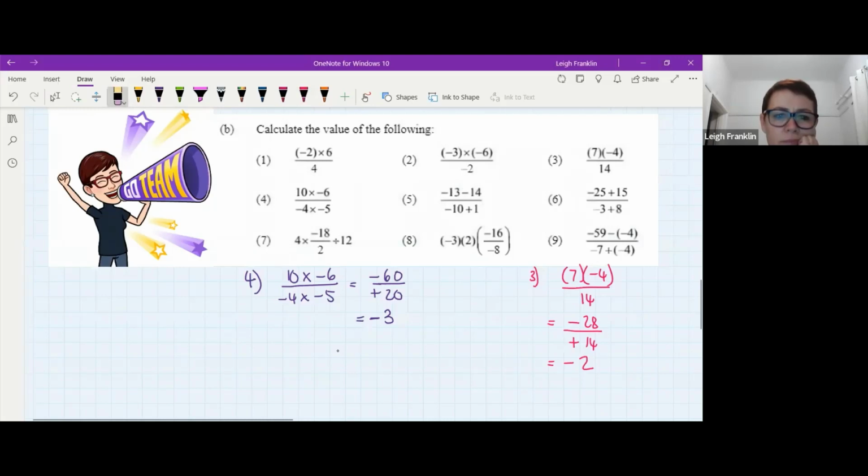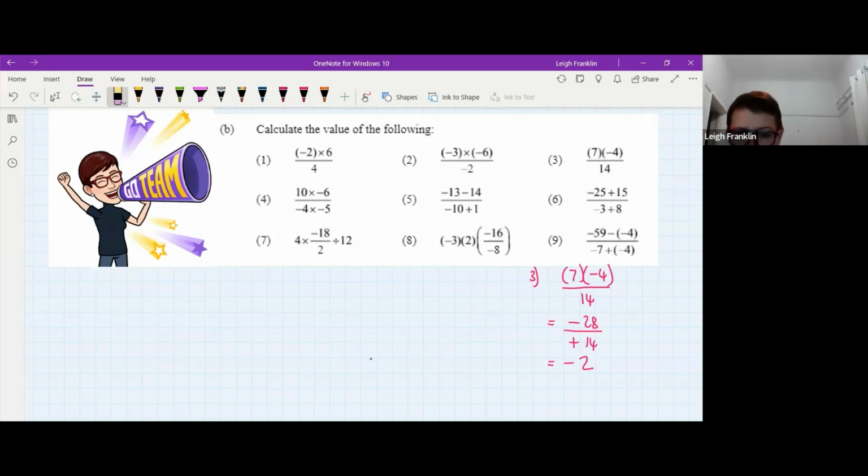Ma'am, can you just write down what question number 3 says? Okay. So I've written it here in pink. So it's in brackets 7, and then in other brackets -4 over 14. Okay, that's what the question says. Thank you, ma'am.